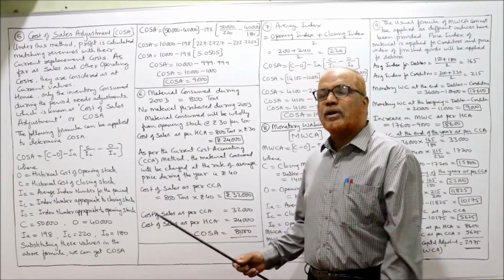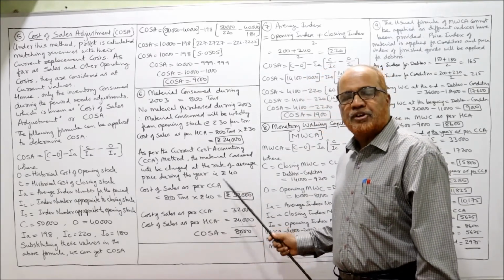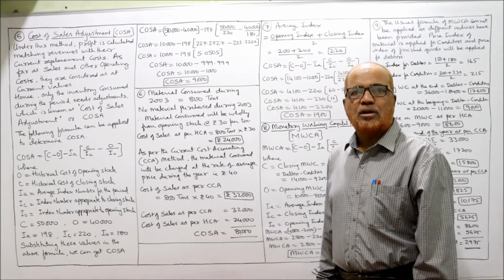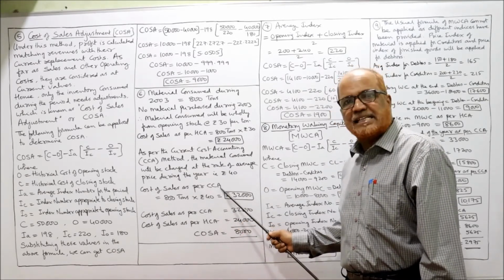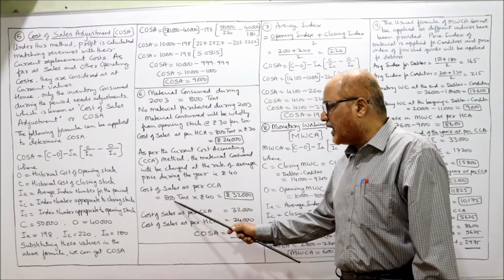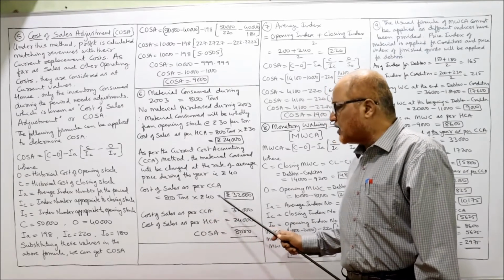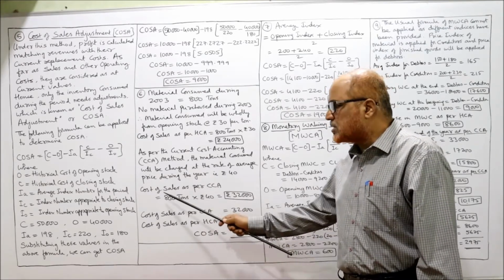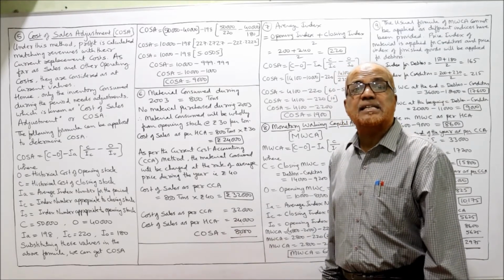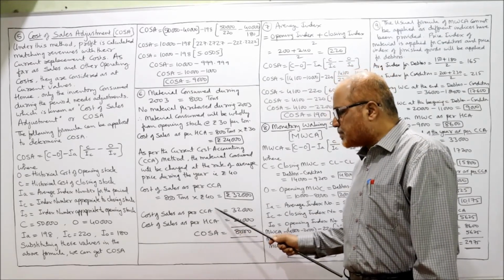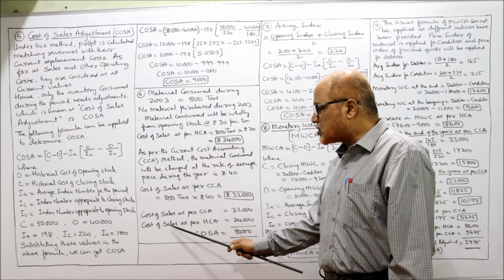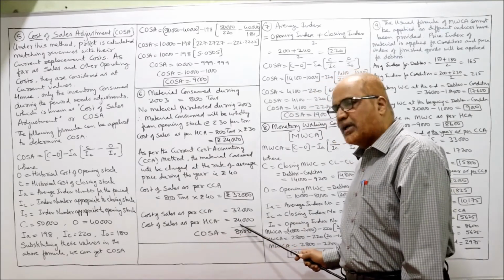The average cost during the year is 40 rupees per ton. Now cost of sales as per CCA, 800 tons into 40 rupees, 32,000. 32,000 is the cost of sales as per CCA. Cost of sales as per HCA is 24,000.